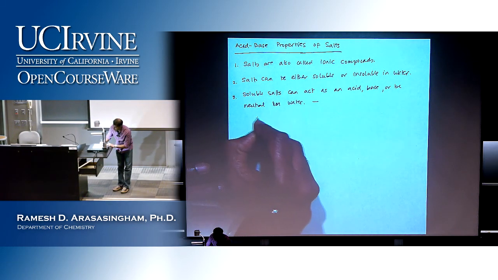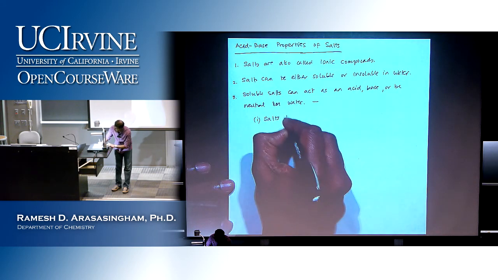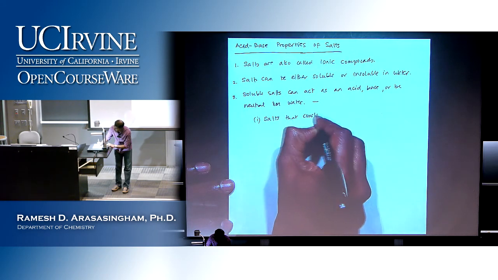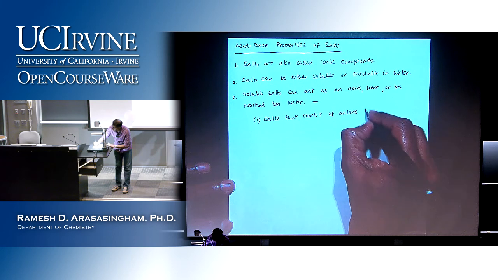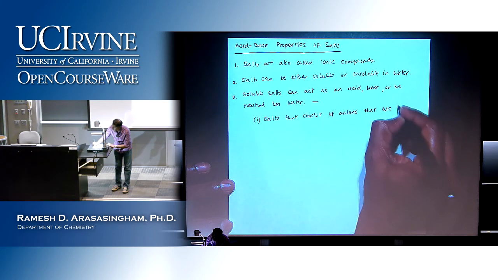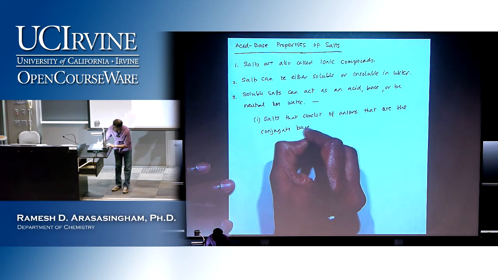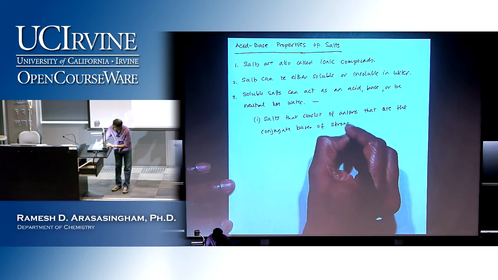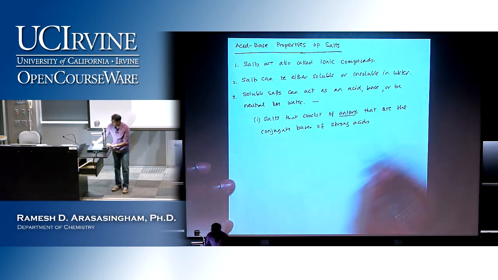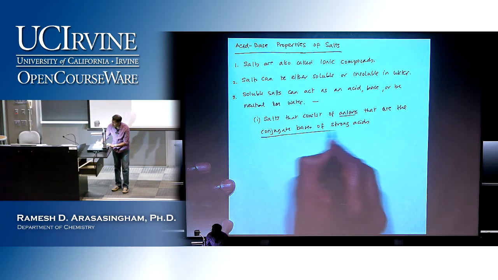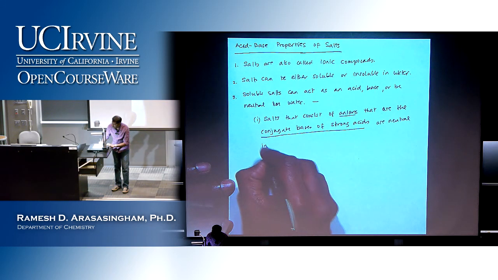So the first is that salts that consist of anions that are the conjugate bases of strong acids are neutral in water.